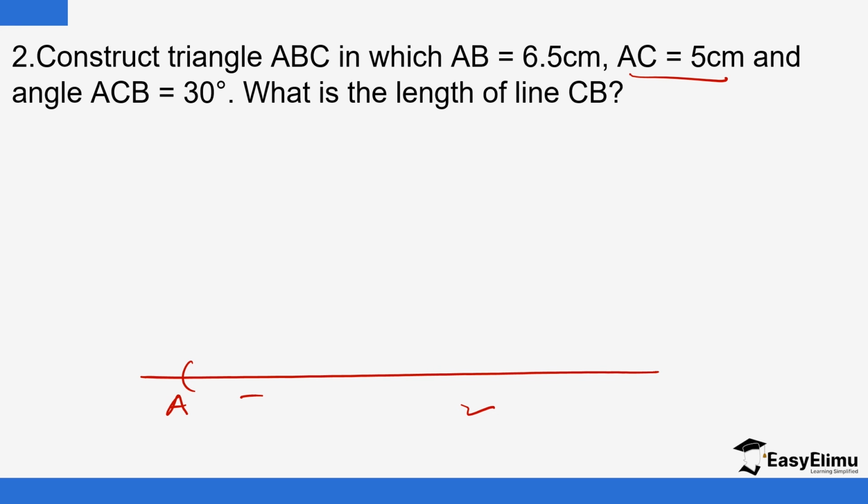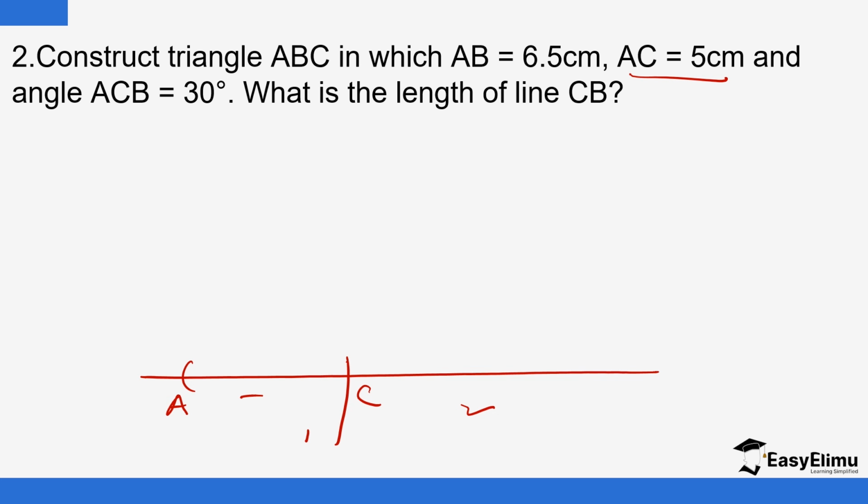A is here, then I measure 5 centimeters and mark C. So this is C. Now I need to construct the 30 degrees angle at C.